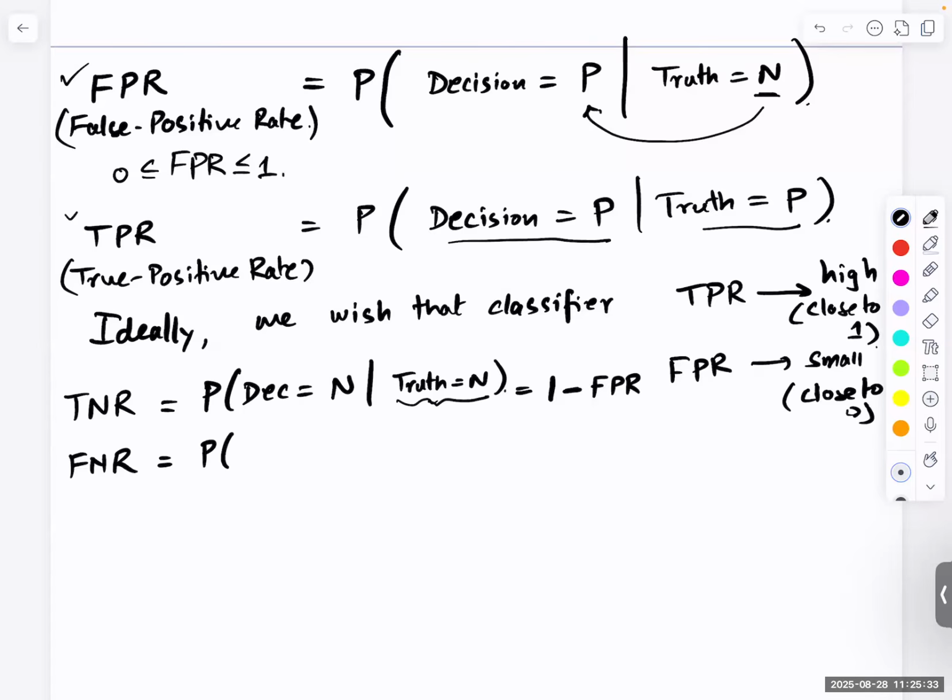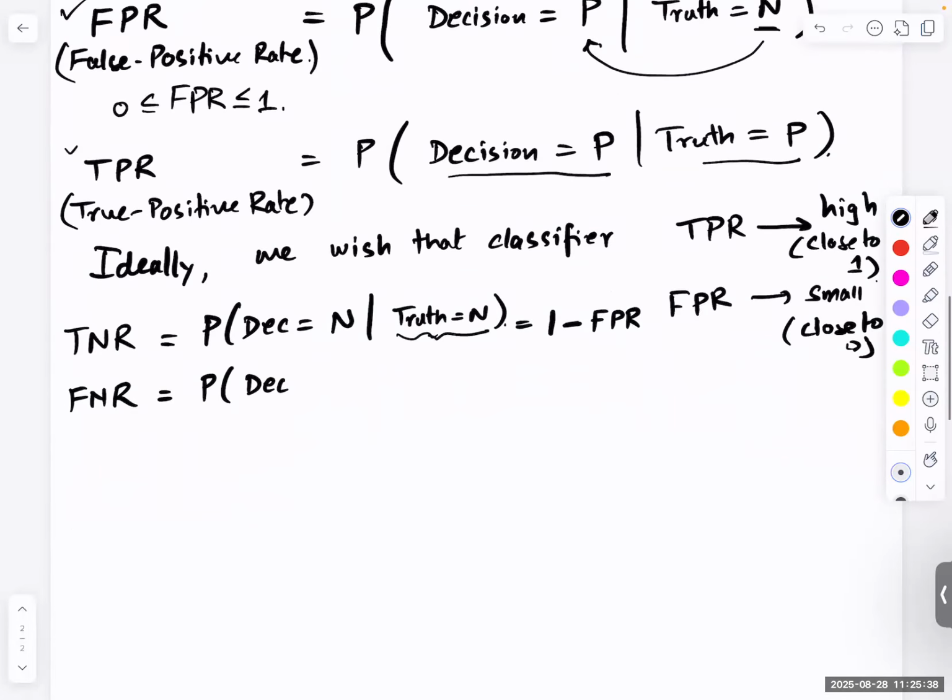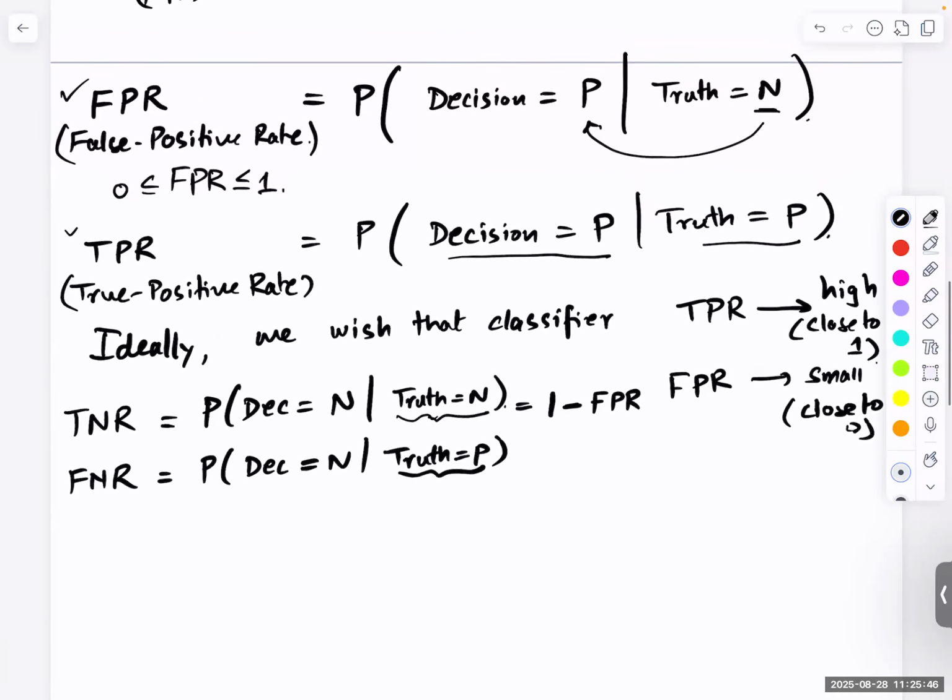Similarly, false negative rate is the probability the decision is N given the truth is P. If you think about the scenario when the ground truth is P, the decision can be either P or N. Therefore, FNR must be equal to 1 minus TPR.